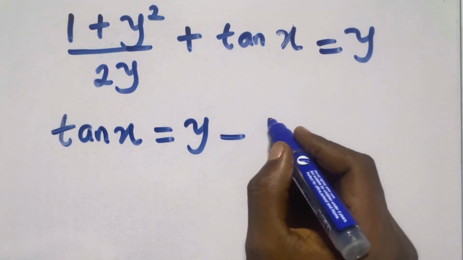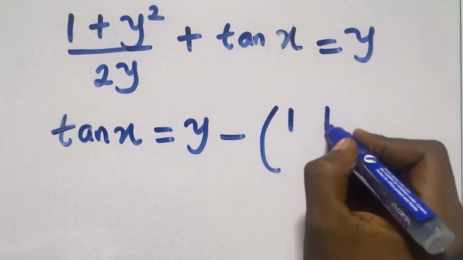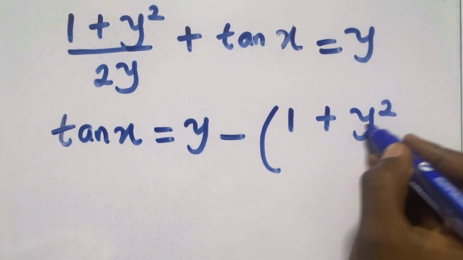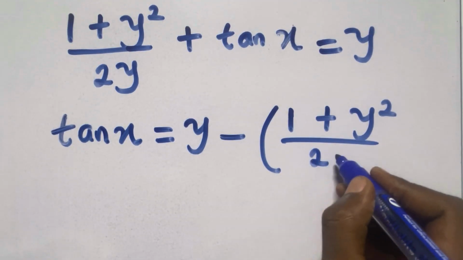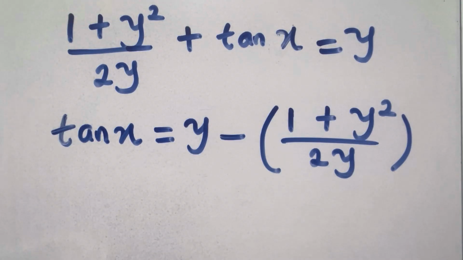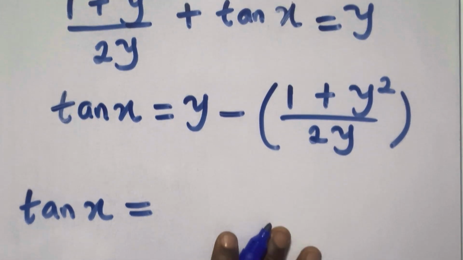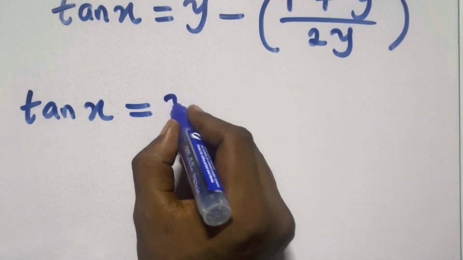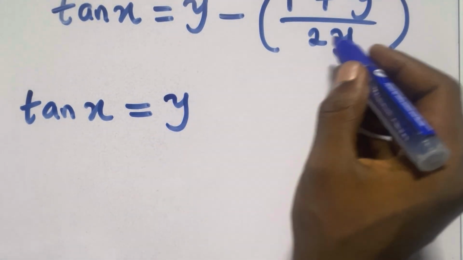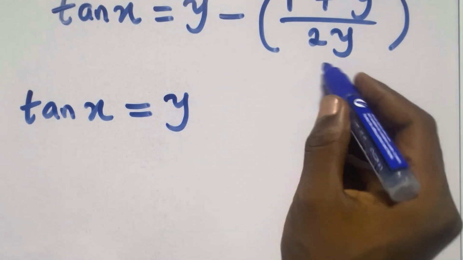We have (minus 1 plus y squared) divided by 2y. All right, so now we have tan x to be equal to y. So we can have the LCM.